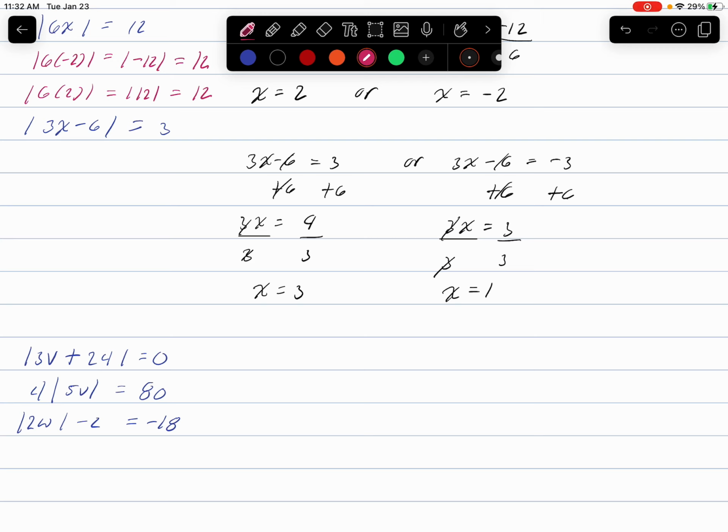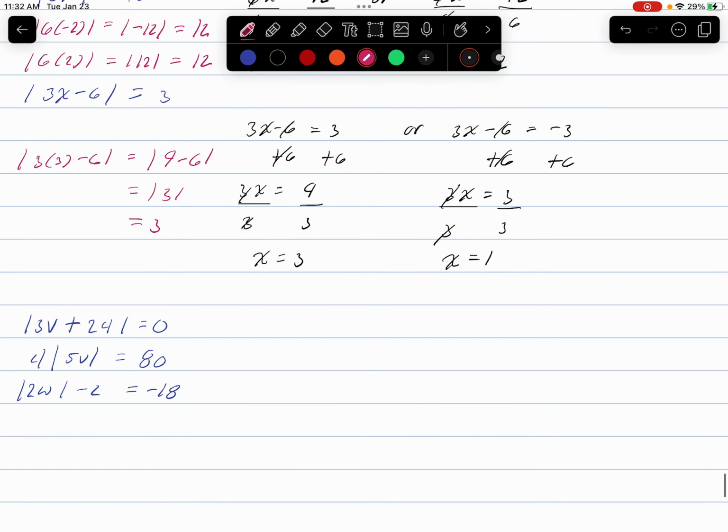So let's try x equals 3 first. Here we have 3 times 3 minus 6. The absolute value of 3 times 3 minus 6 is the same thing as the absolute value of 9 minus 6, which is the same thing as the absolute value of 3, which is 3. So that works. Now let's try 1.